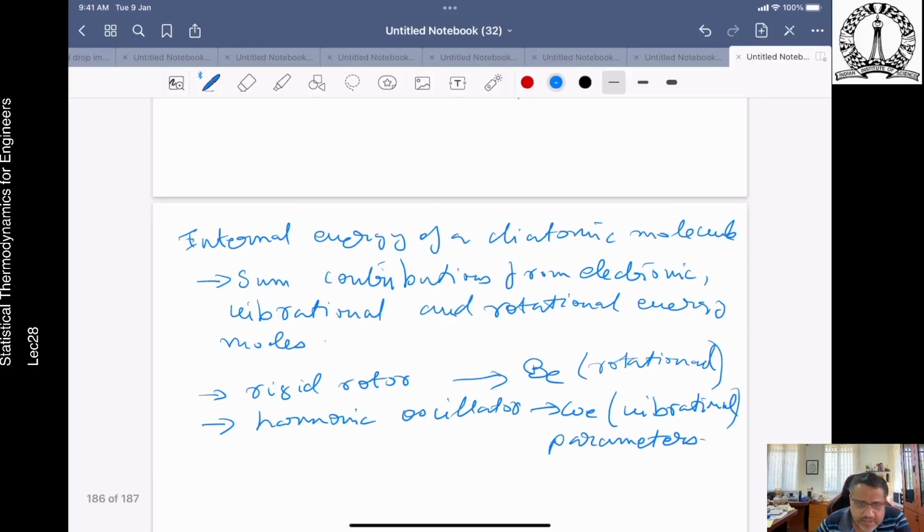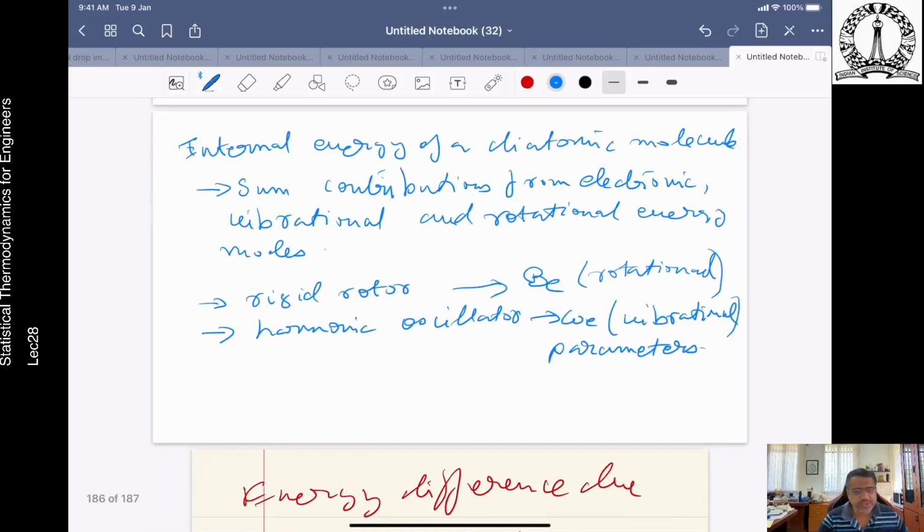Now, if you recall the equations that we already did, let me just write it down here for the sake of convenience.